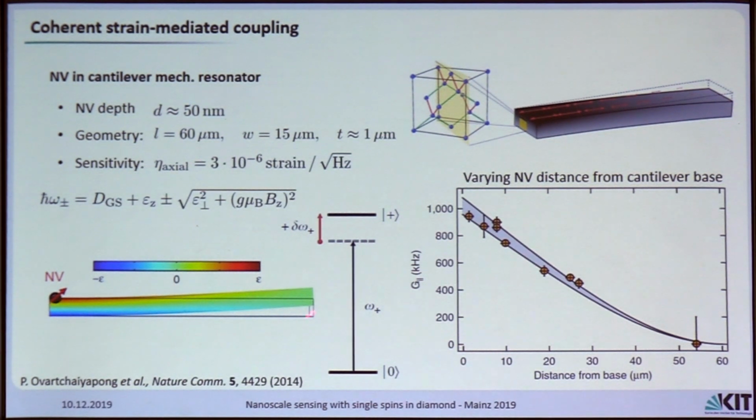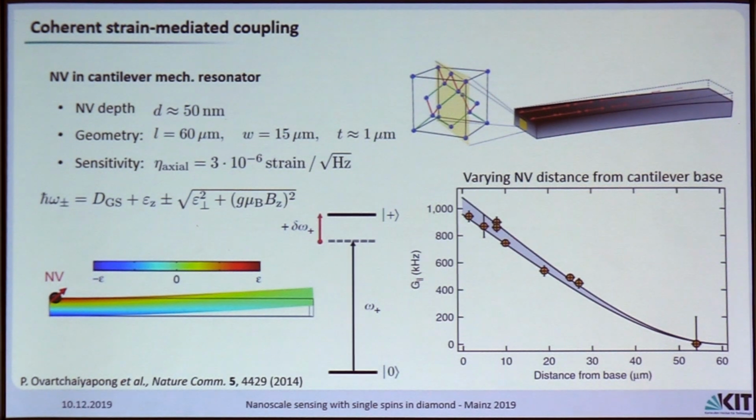Of course, if you do the Euler-Bernoulli beam theory and simulate it, you see the highest strain is, as expected, in the base, and again this influences your splitting here. And if you sense it, you see, for example, in this case, the distance from the base is increasing, and as expected, since strain gets less and less, the splitting also decreases.